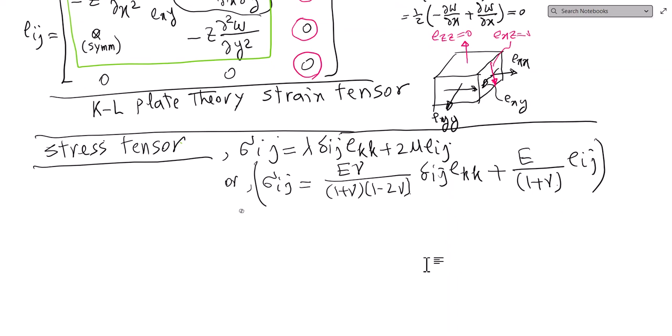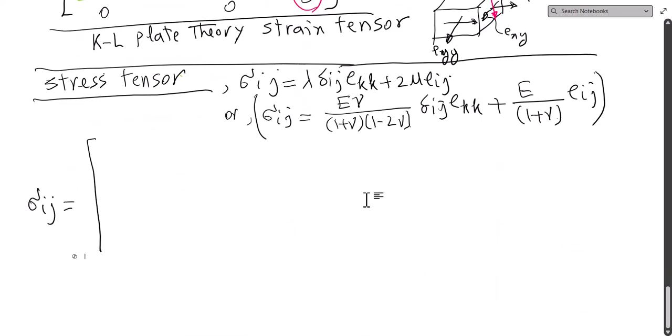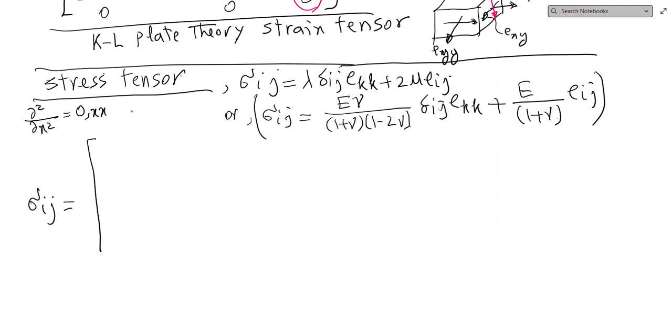So if I write my stress tensor, I will do some symbol contraction here. d2 dx2 will be written like this, and d2 dy2 will be written as yy, and so on. So I exchange between these two.